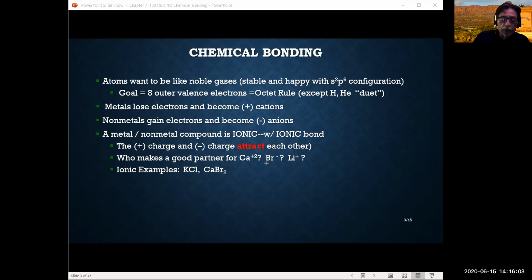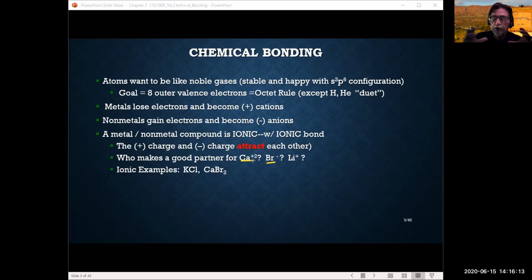We know that the bromide has a -1. Okay. And we know that calcium has a +2. Now, when we put ions together to make a compound, a formula, they have to come together such that all the negatives cancel out all the positives. So you can see the bromide has a -1, okay?